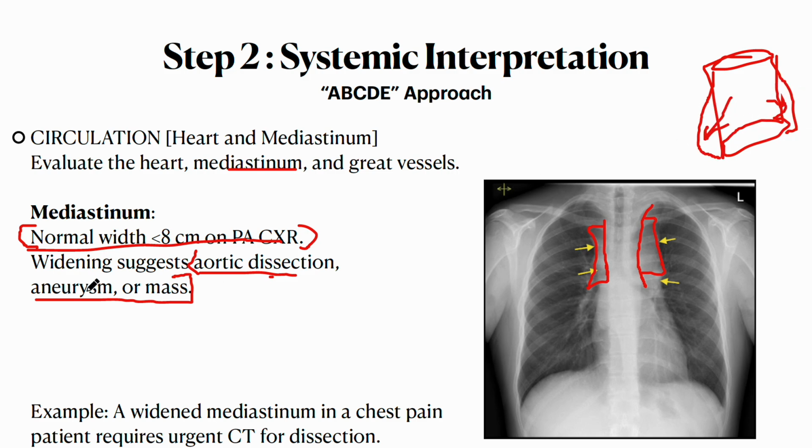In aneurysm cases, like this is aorta, and then there is weakening of a certain part, like permanent dilatation. That is why there can be mediastinal widening, and also in masses, if there is some mass, it can cause mediastinal widening. So widened mediastinum in a chest pain patient requires urgent CT for dissection. So that is how we assess mediastinum.